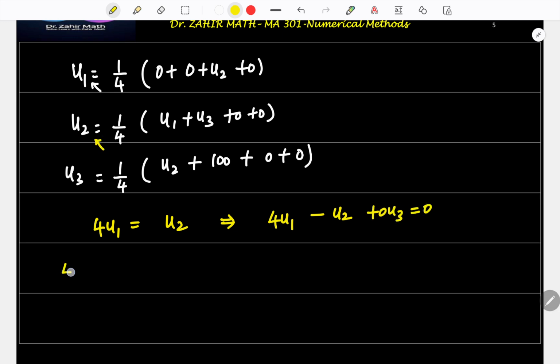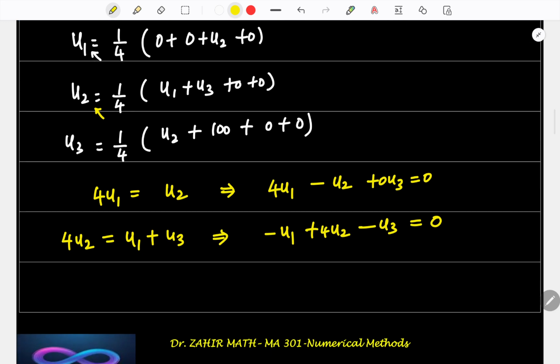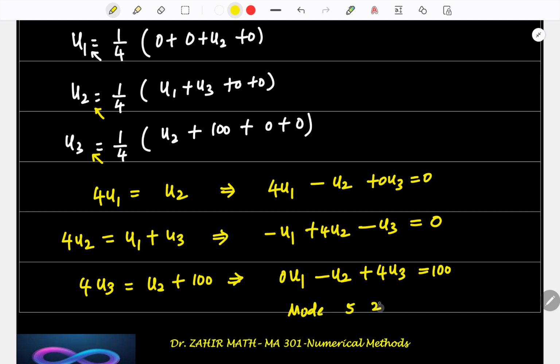Next, 4u2 equals u1 plus u3, which implies minus u1 plus 4u2 minus u3 is equal to 0. Then 4u3 equals u2 plus 100, which implies 0 u1 minus u2 plus 4u3 is equal to 100. So I'm going for mode 5 and then 2.